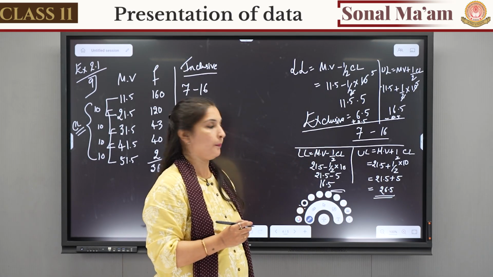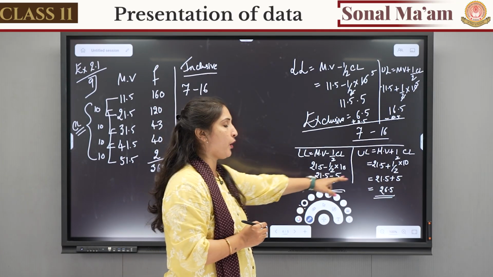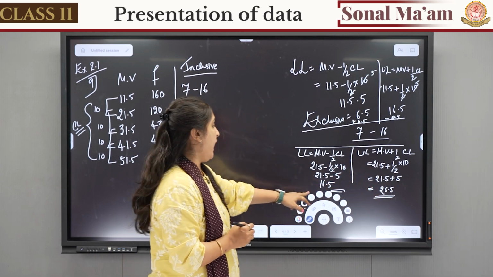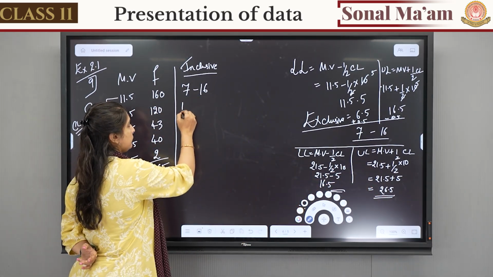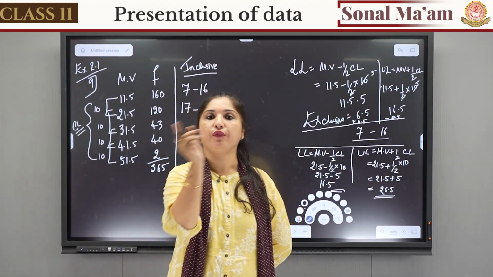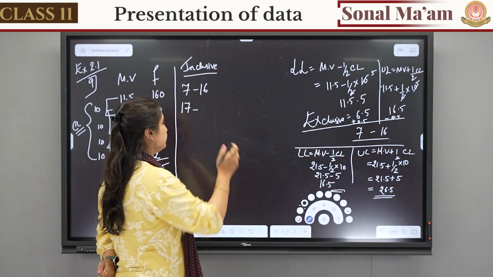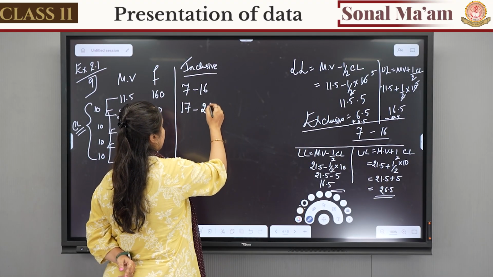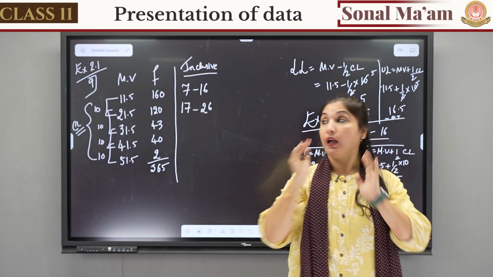Again, this class you got, is it inclusive or exclusive? We got an exclusive class. We have to convert it into inclusive. Plus 0.5 and minus 0.5. If you add 0.5 to 16.5, you will get 17, and from 26.5, if you subtract 0.5, it will come to 26. The class length was 10.